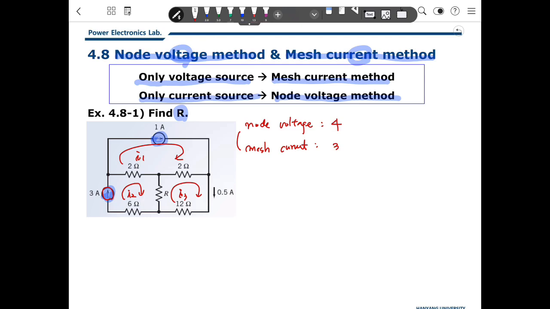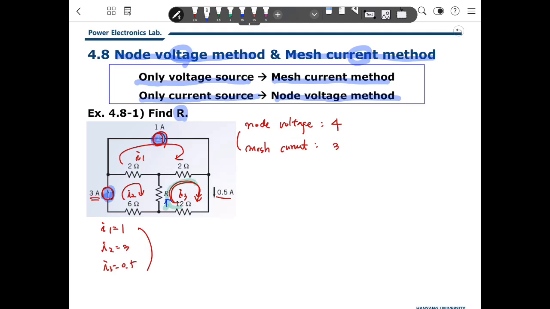Based on that, we don't need to calculate everything. I1 will be 1 because there is a current source, I2 will be 3, and I3 is given here, 0.5. So based on mesh 3, we make a mesh equation here. We start here.